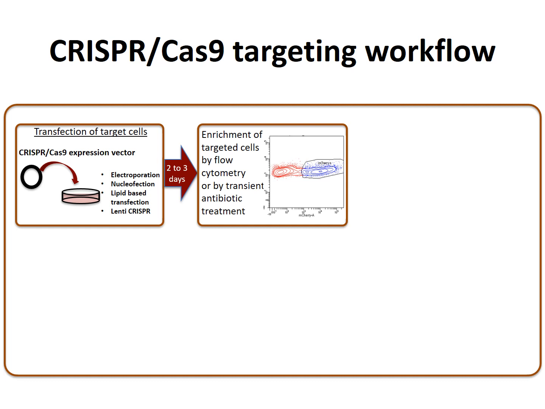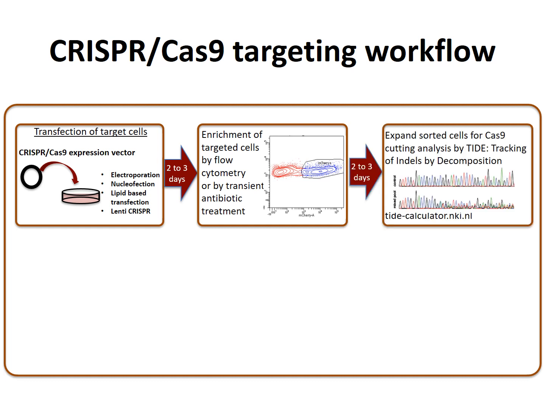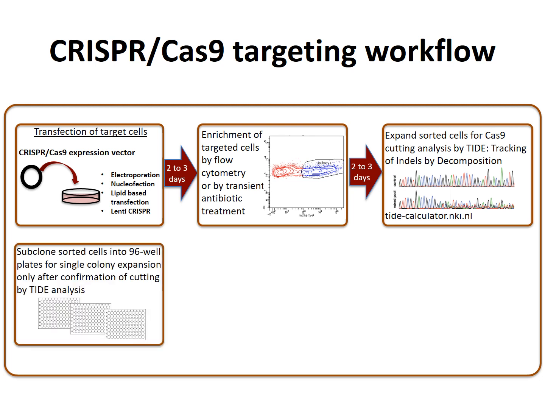Or if you don't want to do flow cytometry, you can certainly do transient antibiotic treatment on them to kill off the non-targeted cells. You then expand those cells over a few more days to get enough cells in the pooled population to do the TIDE analysis, and I'll get into that in a little bit, but I'll continue on with the workflow first.